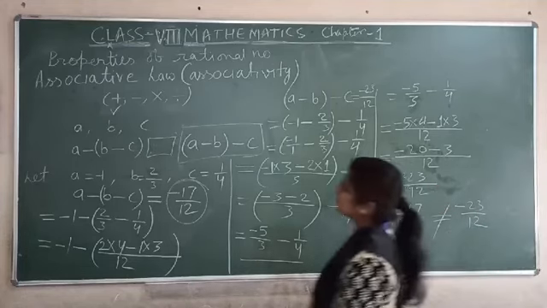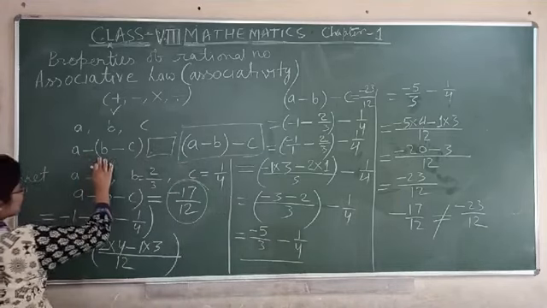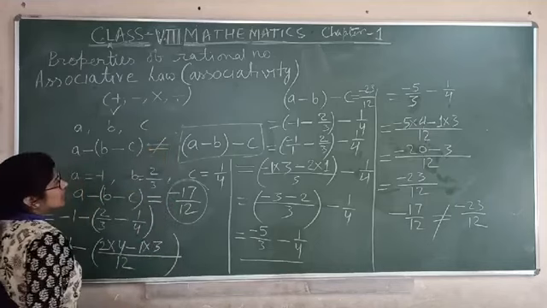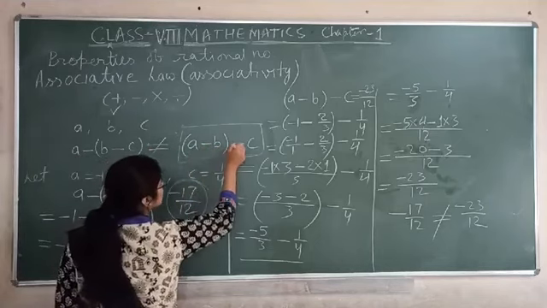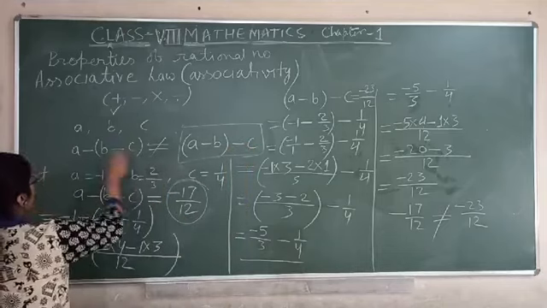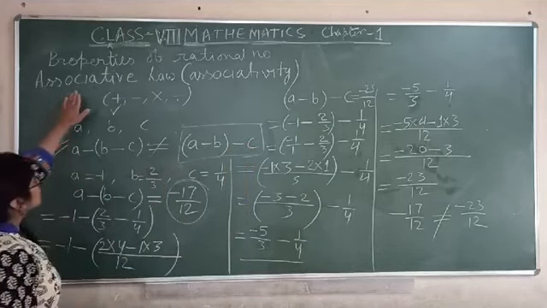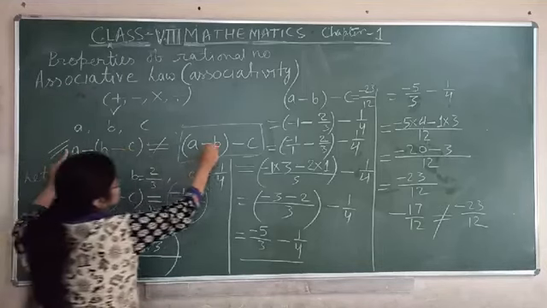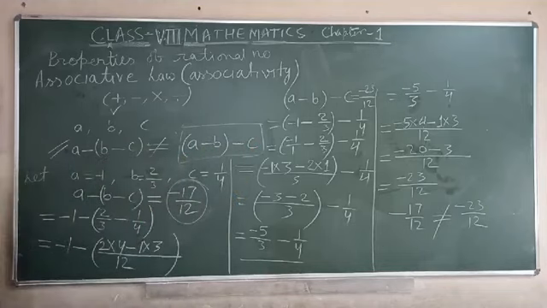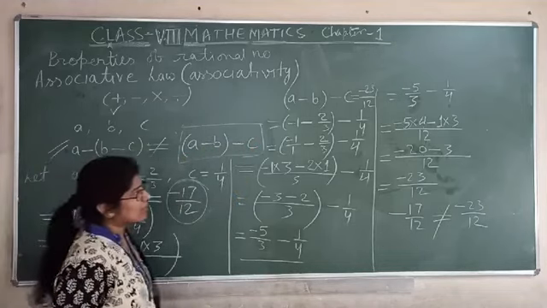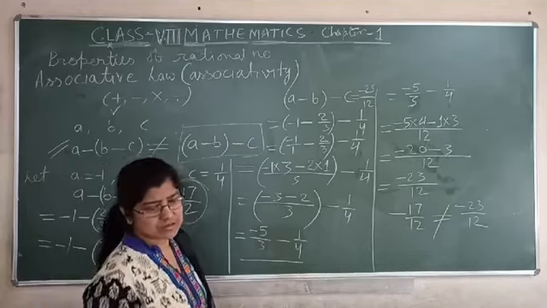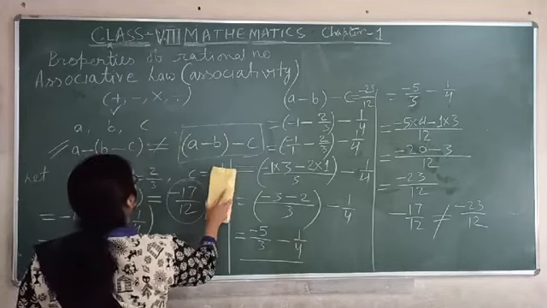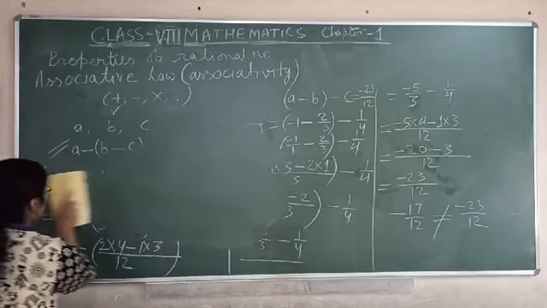So we can say A minus within bracket B minus C does not equal within bracket A minus B minus C. So the associative law of subtraction is not applicable for rational numbers. If both sides come equal, then applicable. If not equal, then not applicable.